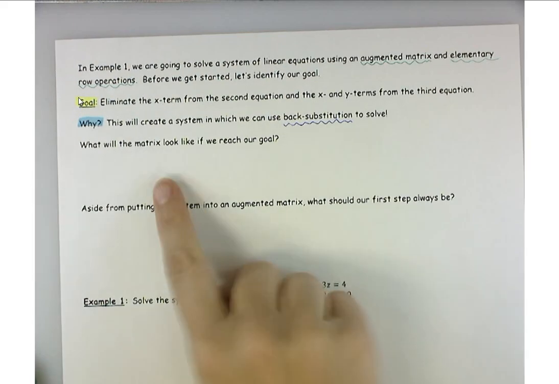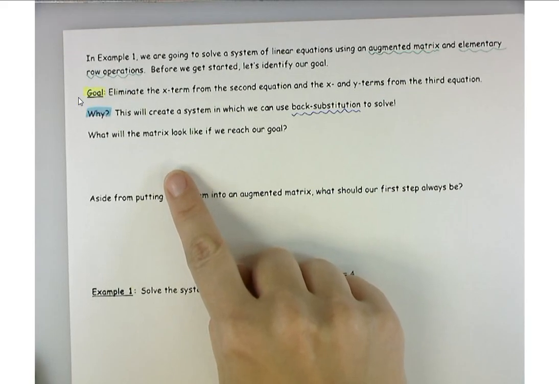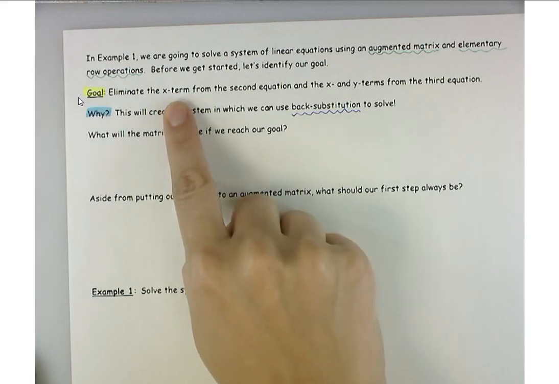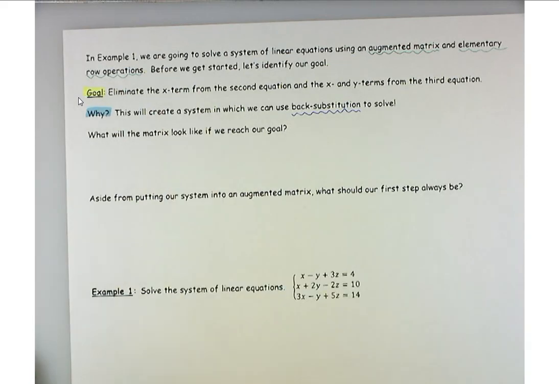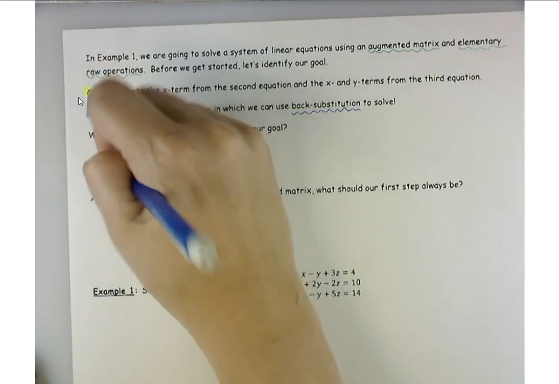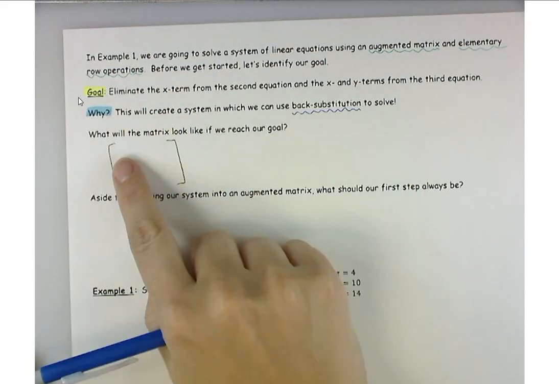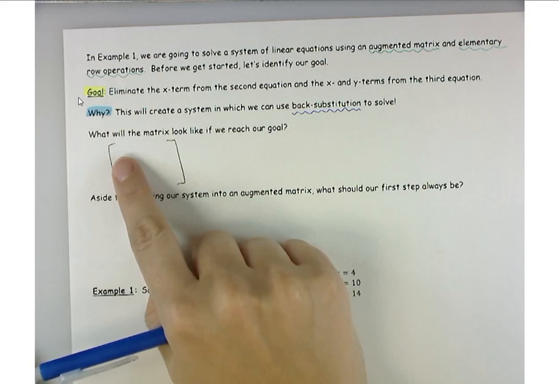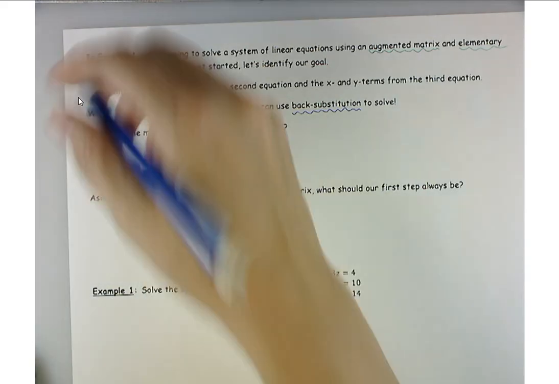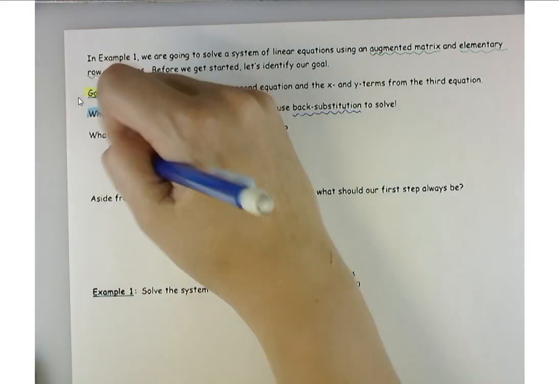So let's think about what our matrix will look like if we reach our goal. If we want to eliminate the x term from the second equation and the x and the y terms from the third equation, let's think about what our matrix is going to look like. Okay, in the first row, do I have an x and a y and a z? Yes, I have everything. So you are going to want a 1 right here for your x. And then the rest of them can be filled with any number.